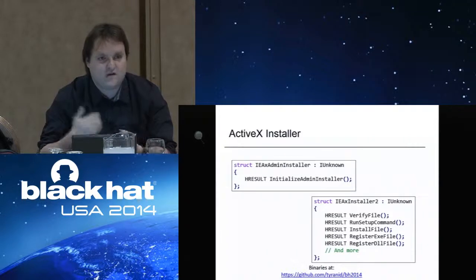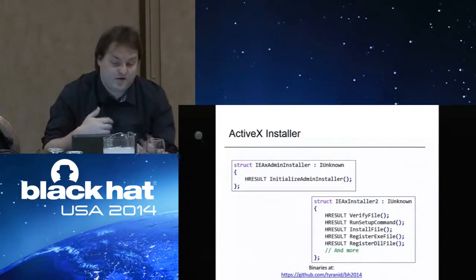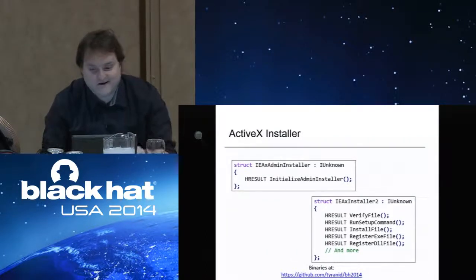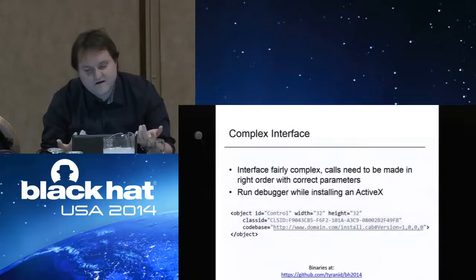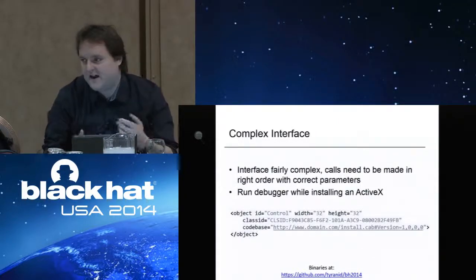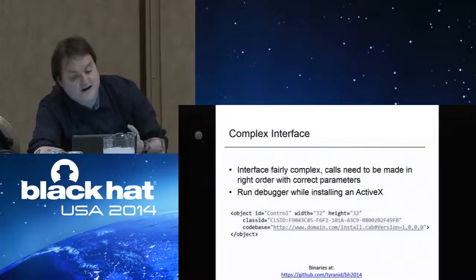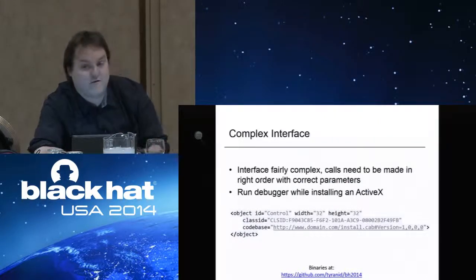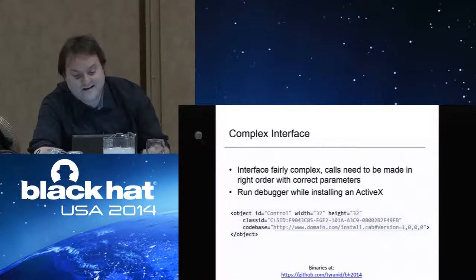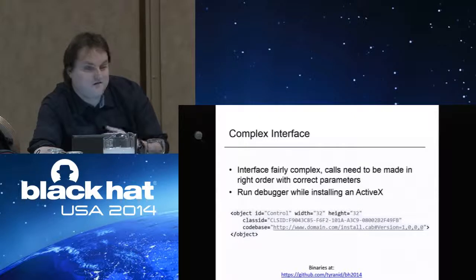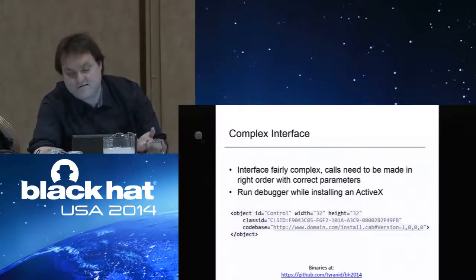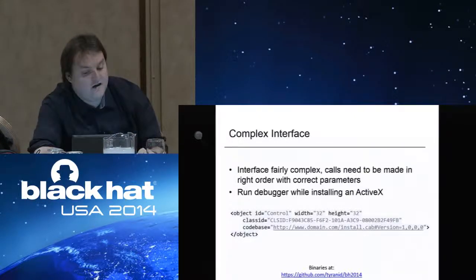You had to call the right functions in the right order with the right parameters, otherwise it doesn't work. If you were really, really insane, you could sit there in IDA and reverse engineer the entire thing. I didn't have that amount of time, so I just ran a debugger. You set WinDbg, attach breakpoints to all the functions, and then actually do what it's supposed to do, install an ActiveX object.